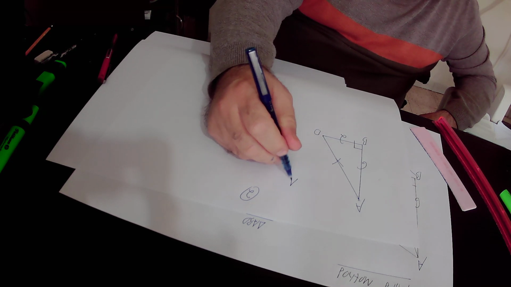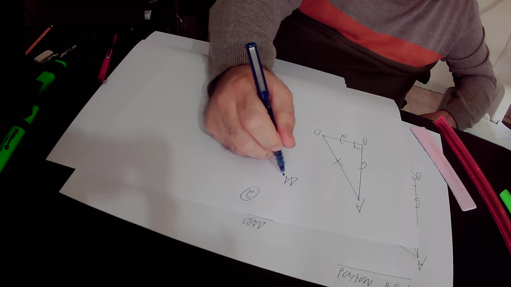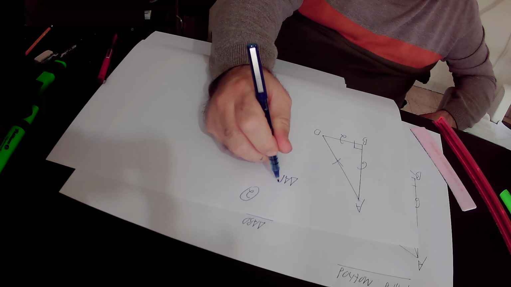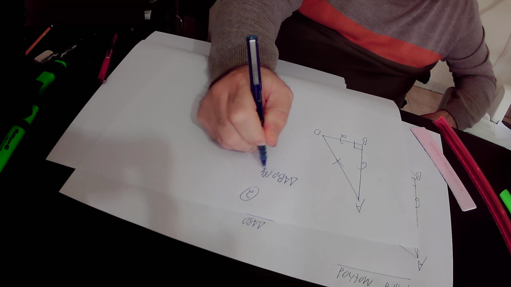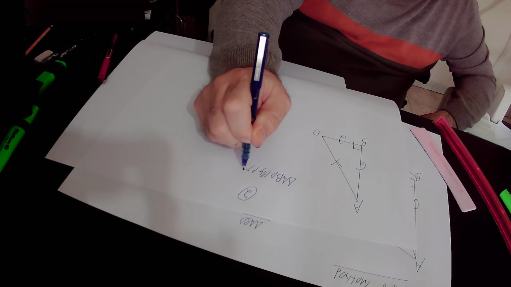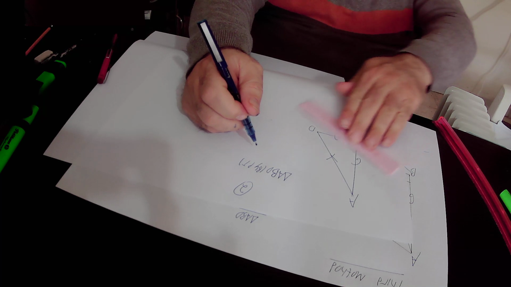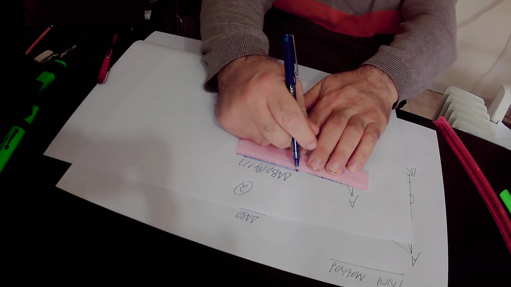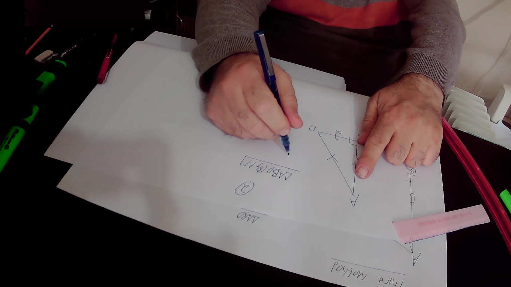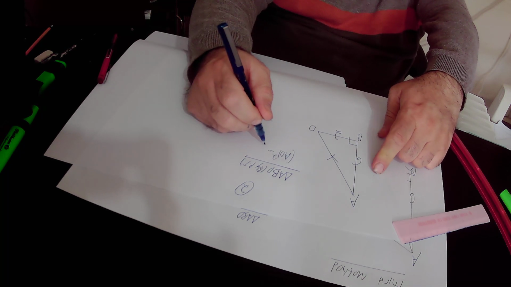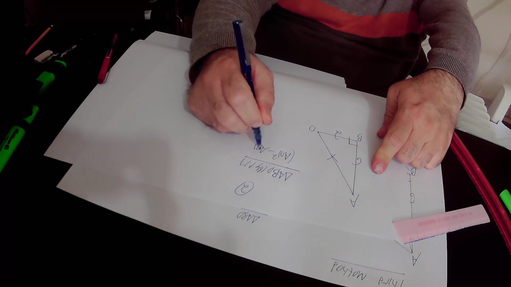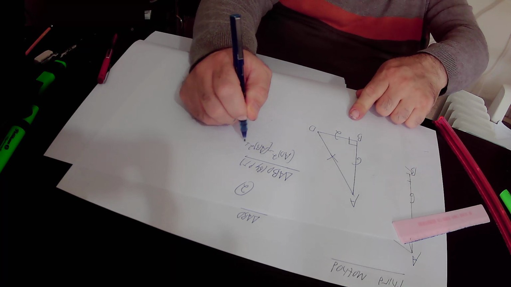So according to the Pythagoras theorem, the square of the hypotenuse equals the sum of the squares of the perpendiculars. That is to say, AD squared equals AB squared plus BD squared.